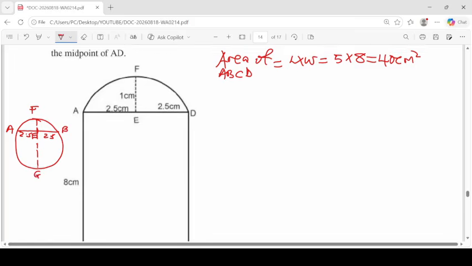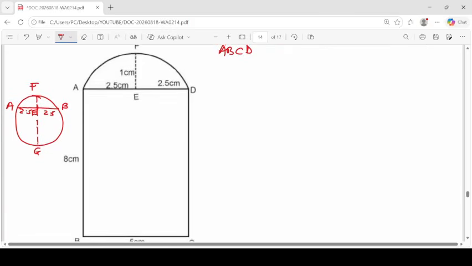Then applying the property of intersecting chords for chords intersecting internally inside a circle, I expect AE times EB to be equal to FE times EG. So this means AE is 2.5 times EB, which is also 2.5.